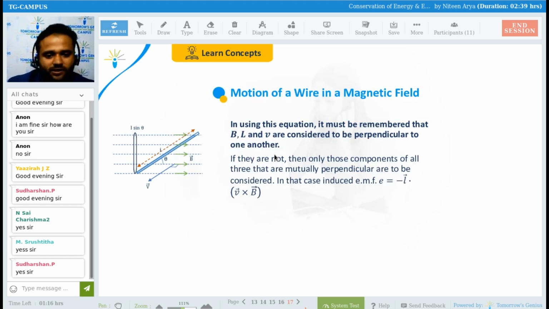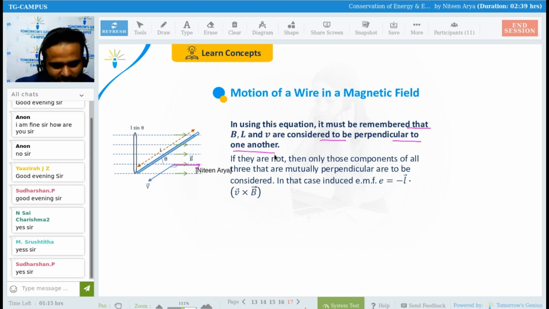Moving ahead. We already did this thing. We're going to formulate it. I mean, we already understood, we're just going to formulate this thing. So motion of a wire in a magnetic field. In using this equation, it must be remembered that B, L, and V are considered to be perpendicular to one another. Very good thing written on the very first page of this particular concept.